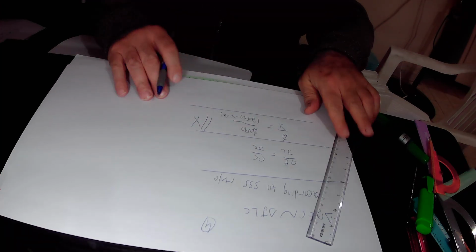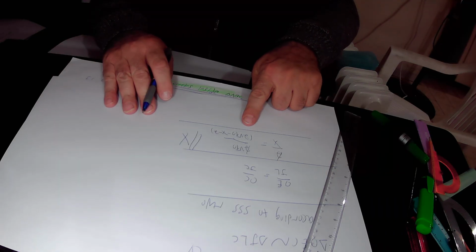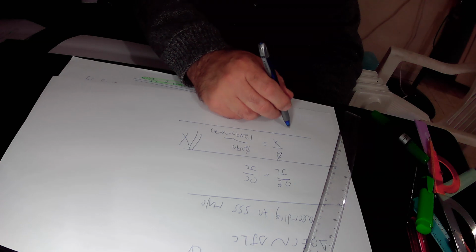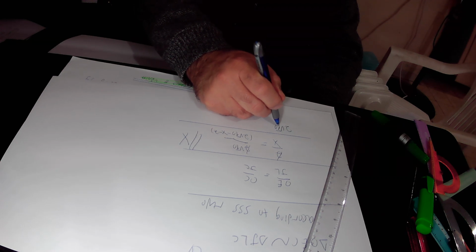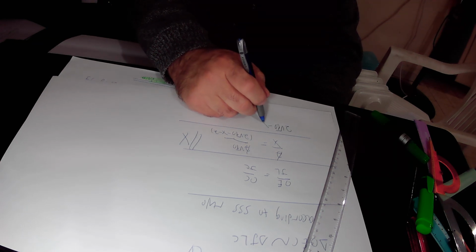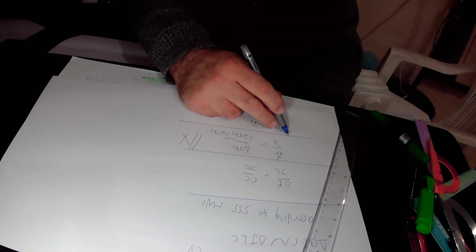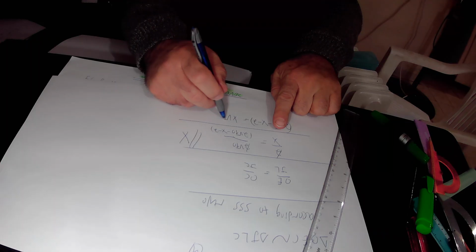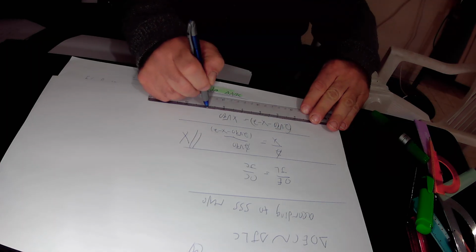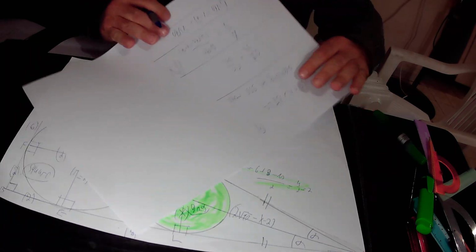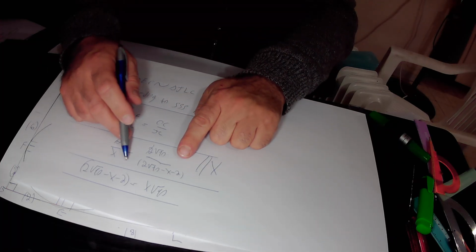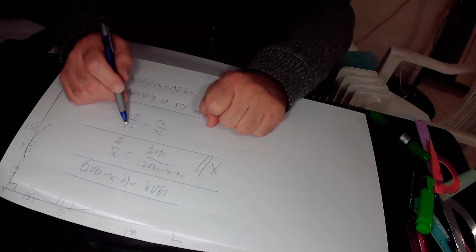We get that here we have 2 times root of 10 minus x minus 2 equals to x times root of 10. So in total we found out that 2 times root of 10 minus x minus 2 equals to x times root of 10.